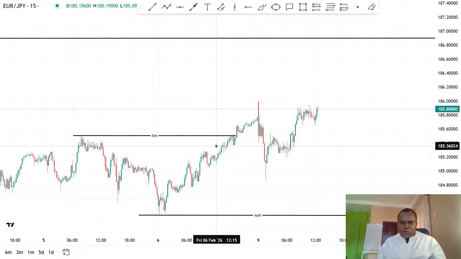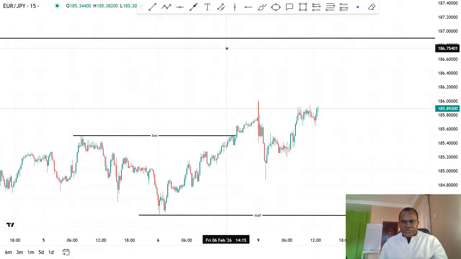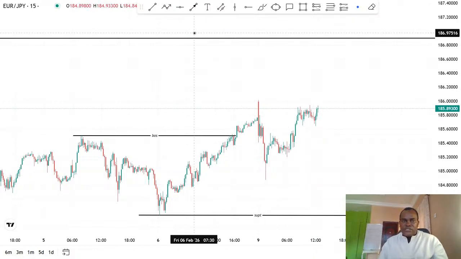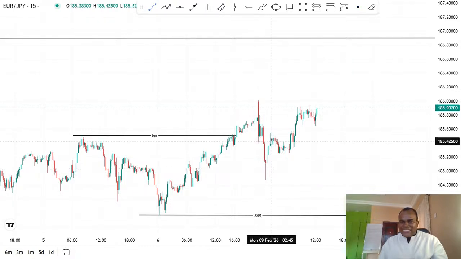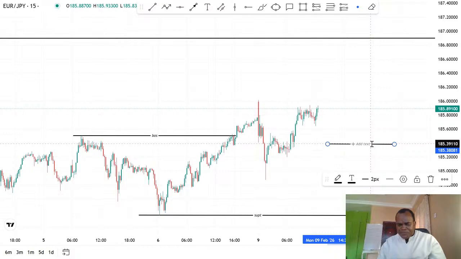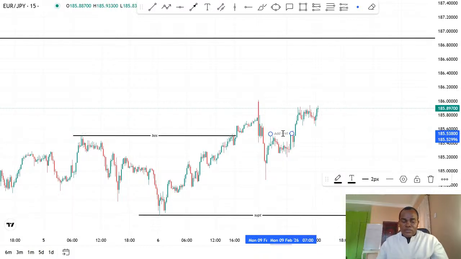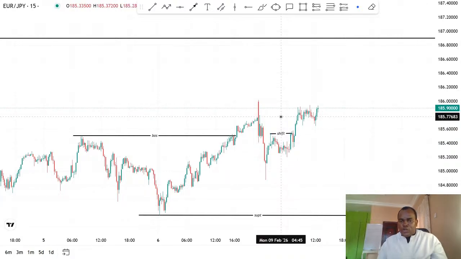The price was meant to come down into this area to clear out these liquidities, but unfortunately, it got into this point and took a turn and gave us an internal shift to the upside.